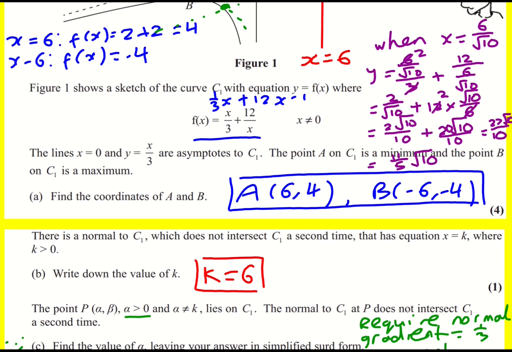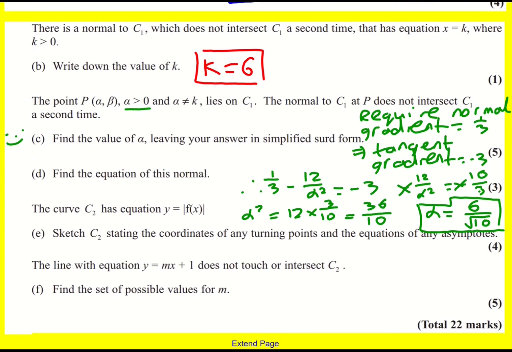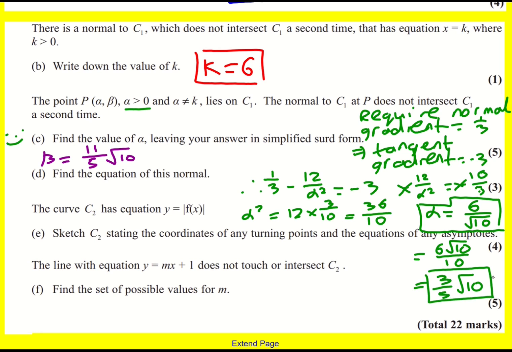And that's actually my value of beta. And to be fair, maybe I should have rewritten alpha as 6 root 10 over 10, or 3 root 10 over 5. Yeah, okay. Kind of prefer that.